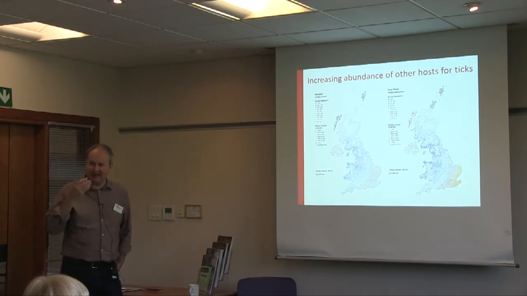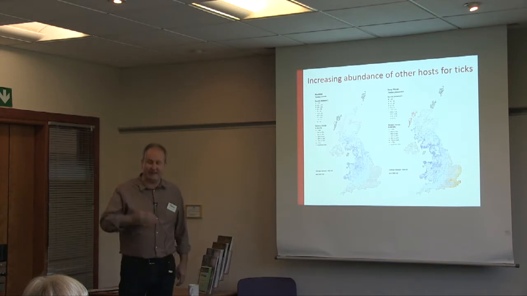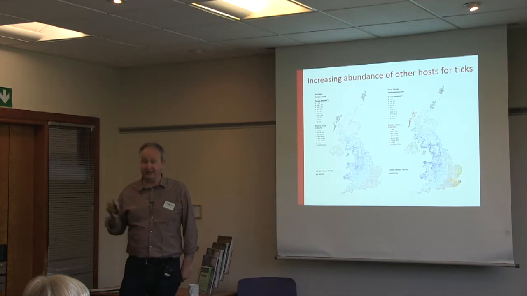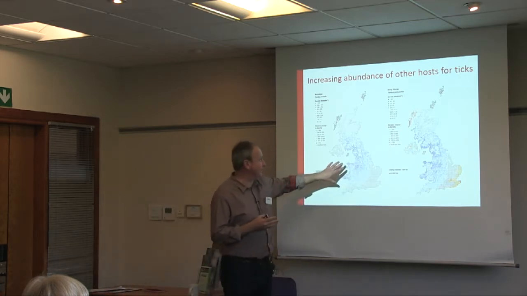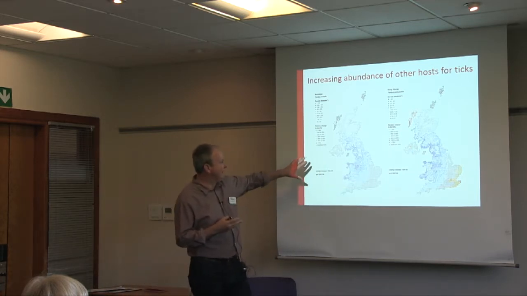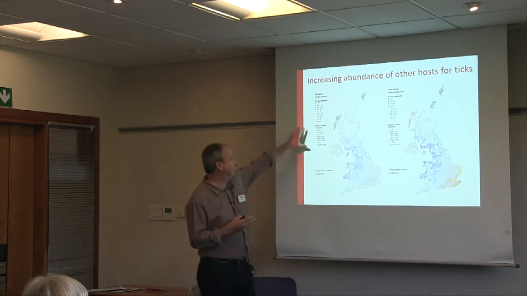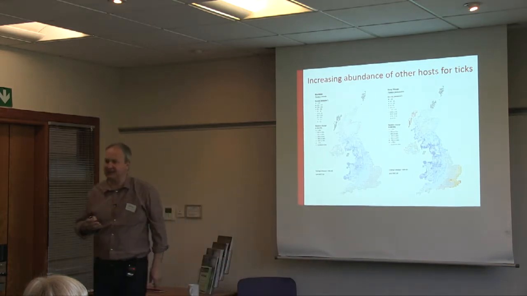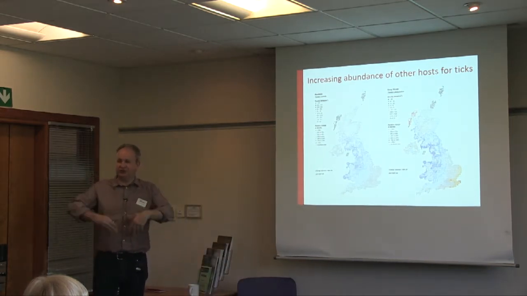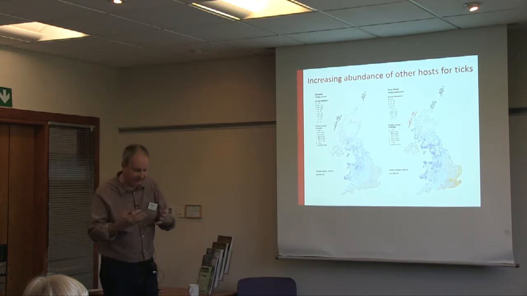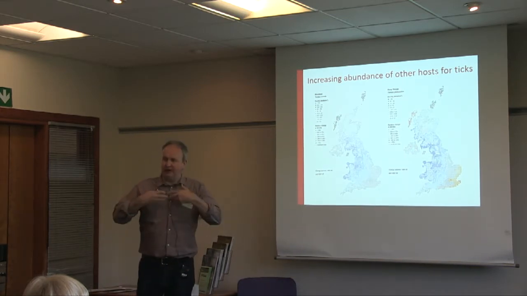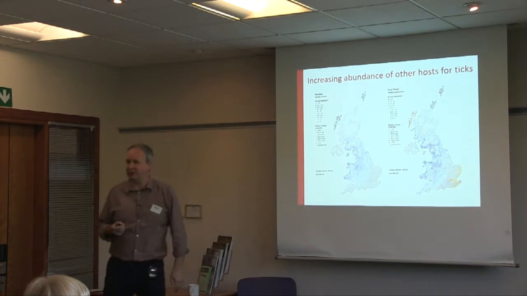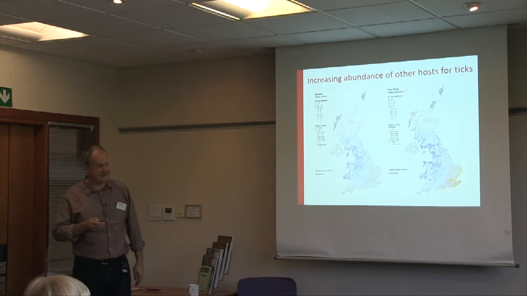We need to be aware that as well as seeing increasing abundance of deer around the country, we're also seeing in many parts of the country an increase in population, for example, of blackbirds, of song thrushes and things like that. So it may be that it's not just an increasing abundance of deer, but also a simultaneous increase in abundance of some of the other important hosts for ticks as well that's driving this increase in tick numbers.